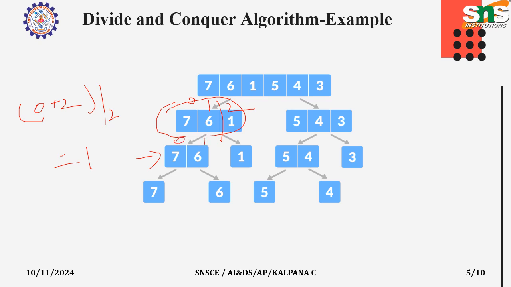Only one element is left, so that is my right array. Again I'm going to split 7 and 6 further. 0 plus 1 is 1, and 1 by 2 is 0.5, but I have to take only the whole number, so 0. So 7 I am placing here and 6 I am placing here.